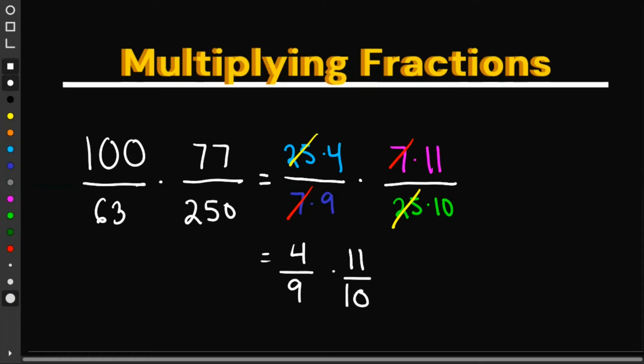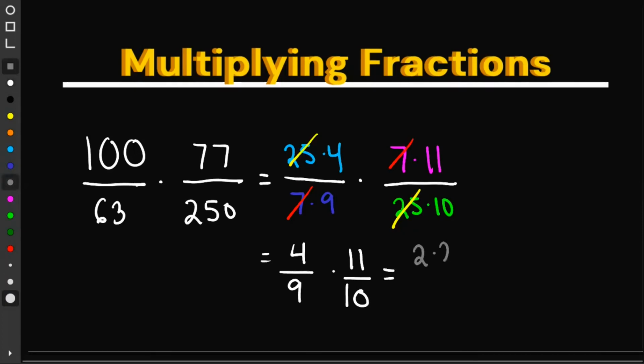Now, are we done? Well, not yet, since we can clearly see that 4 and 10 out here still have a common factor. So for 4, we can write that as 2 times 2, and for 10, we can write that as 2 times 5.